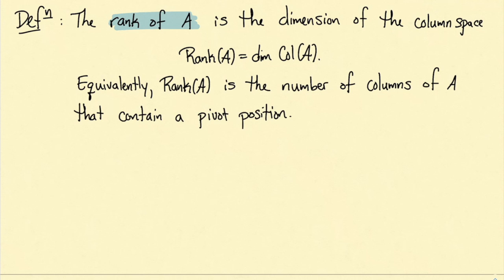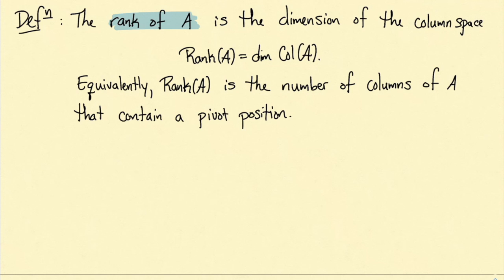When we discussed the null space of an m by n matrix, we observed that its dimension should be equal to the number of free variables in the augmented matrix. Of course, the number of free variables corresponds to the number of columns that do not contain a pivot position.